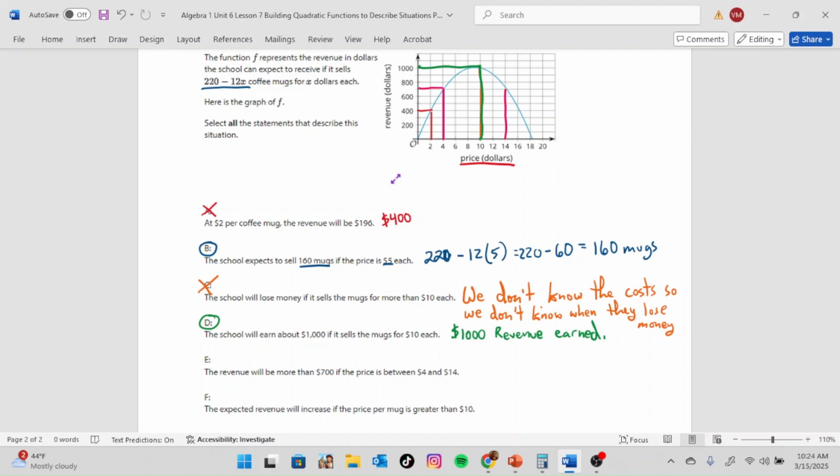We go up until we hit the line, and then we look left, and again, it looks like we're at $700. So everything up in here is going to be more than $700 of revenue as long as we're between $4 and $14. So E is correct.